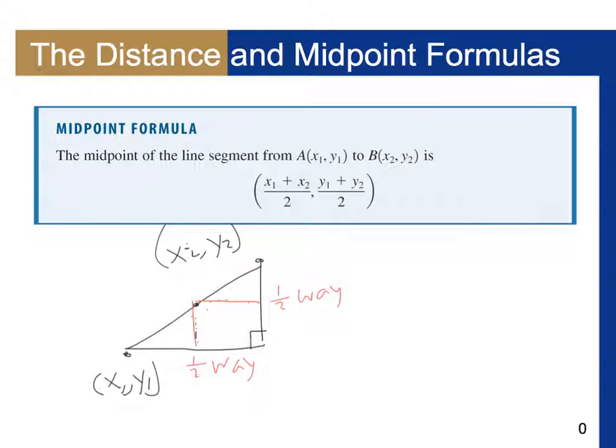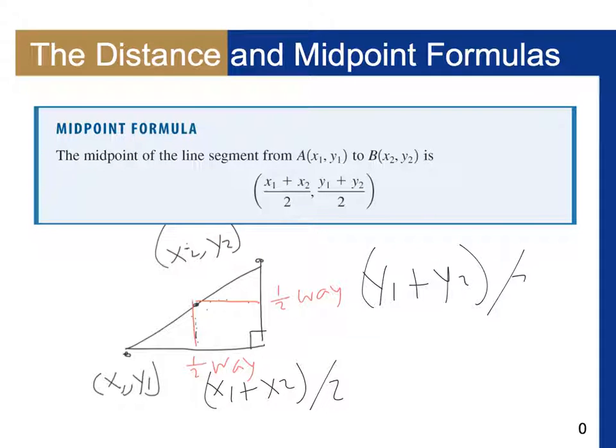The halfway for x would be (x1 plus x2) divided by 2, and then the halfway for y would be (y1 plus y2) divided by 2. So we're taking the average of the two x's and the average of the two y's. That's how we get our midpoint formula.